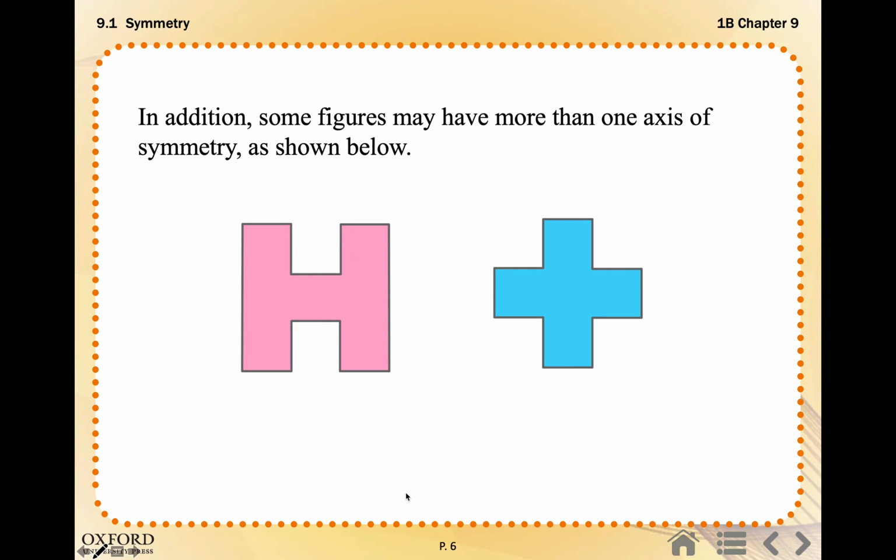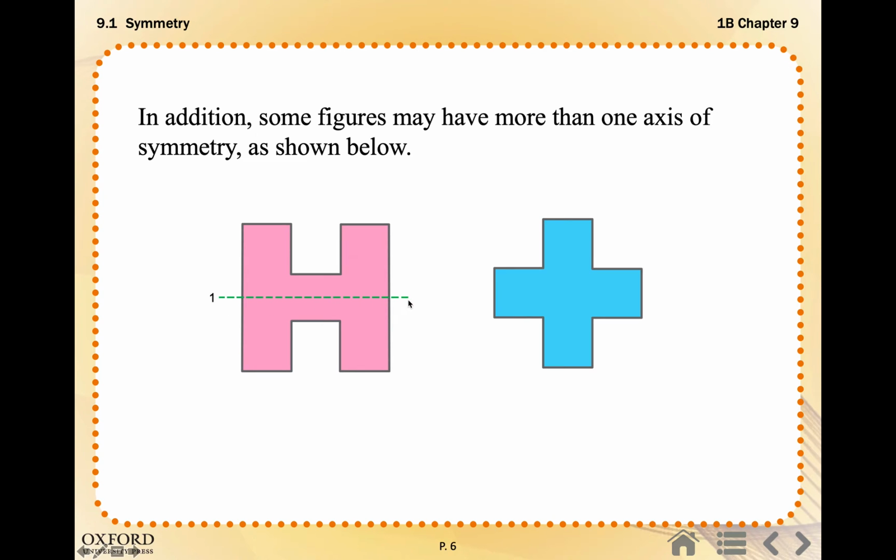And next, let's look at some more examples. For these two figures, you can see that there may be more than one axis of symmetry. When you look at the first figure, it's like a letter H. And we can draw the axis of symmetry here, that means the green line.